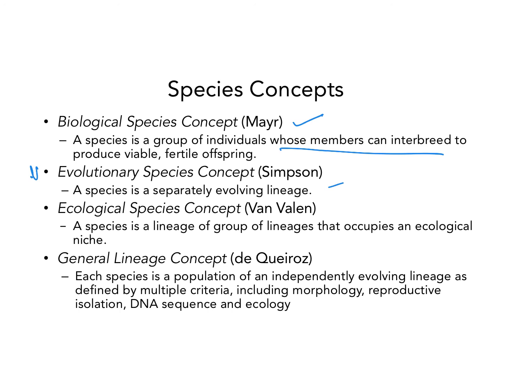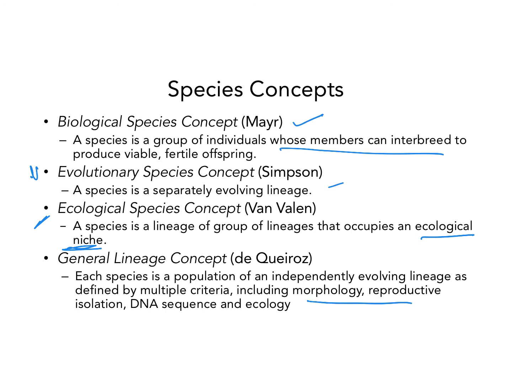There's the ecological species concept. That is using those ecological factors, looking at a species as a lineage or group of lineages that occupy some kind of ecological niche. Then there's finally the general lineage concept. This one was proposed to be a more holistic approach, where you use multiple criteria.